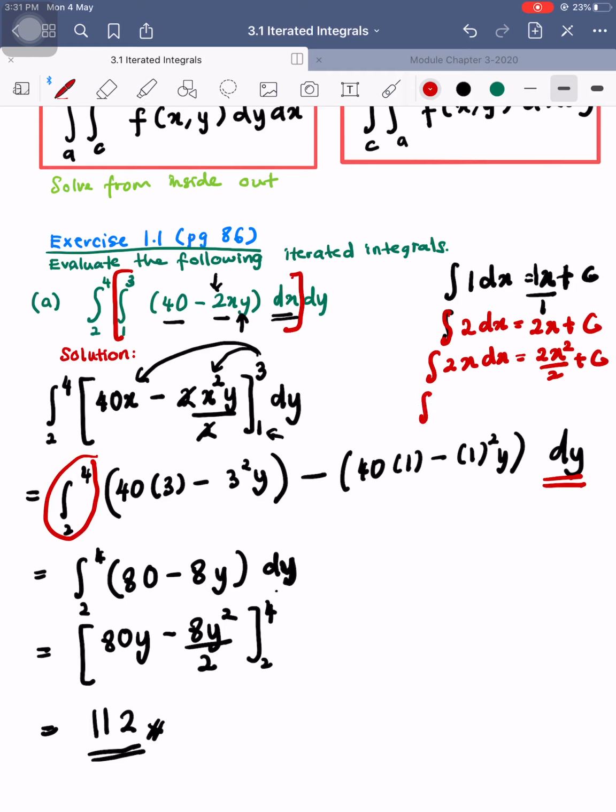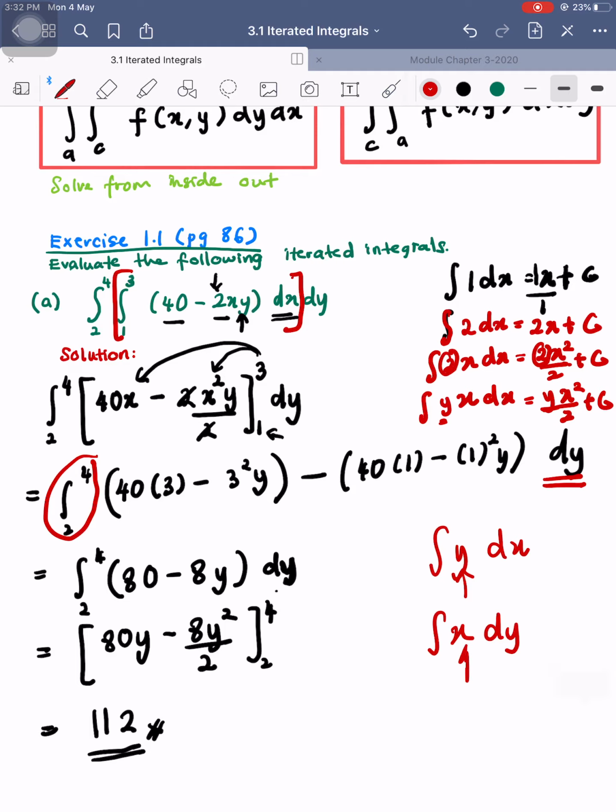If you want to integrate, let's say, the 2 here changed to y, x dx with respect to x, you get x squared over 2, and the y follows. This one, y x squared over 2 plus c. So, when you want to integrate with respect to dx, if there is y inside, y becomes constant. If you want to integrate with respect to dy, if there is x inside, x becomes constant.